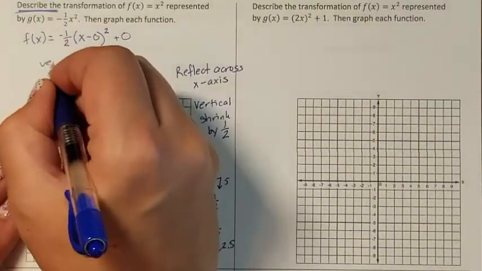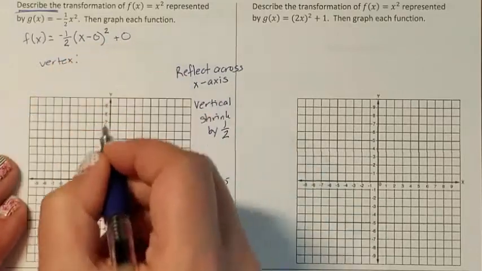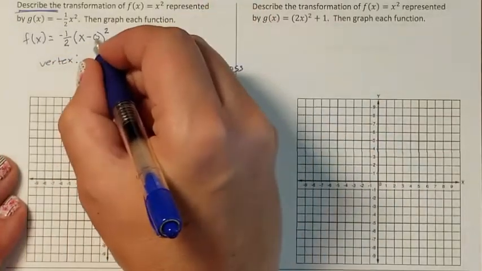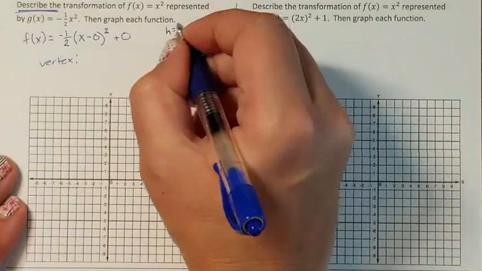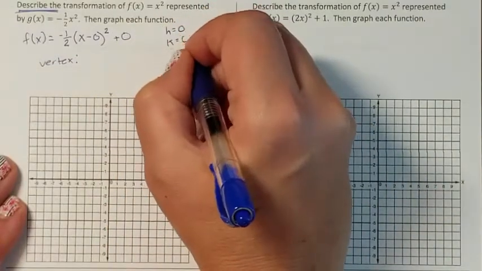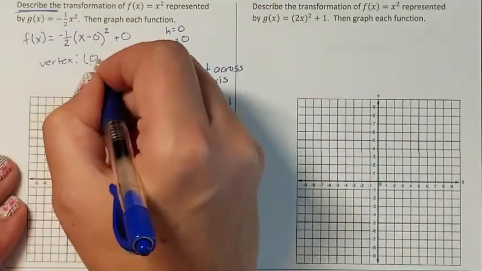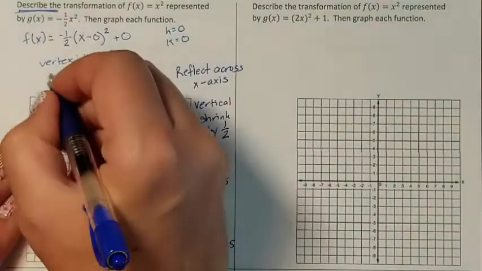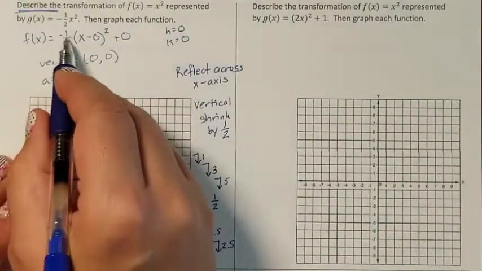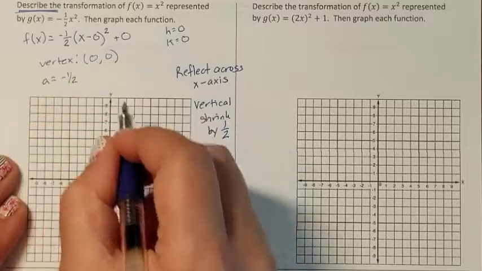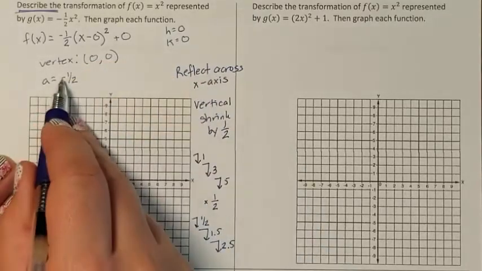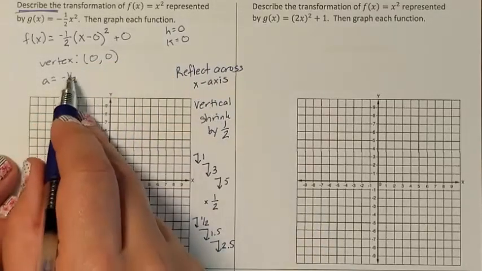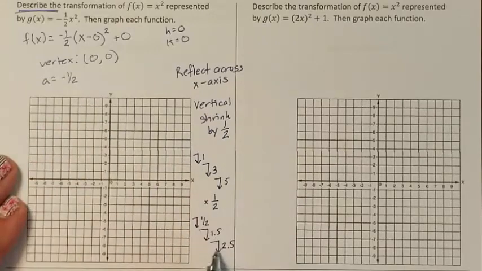So if I needed to find my vertex, I needed to identify the h and the k. My h was 0. My k was 0. So my vertex is the coordinate point 0, 0. My a is the negative 1/2, which told me a reflection across the x-axis and the vertical shrink by a half, which did these movements.